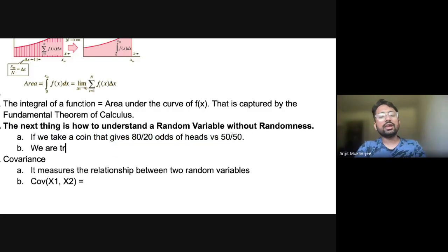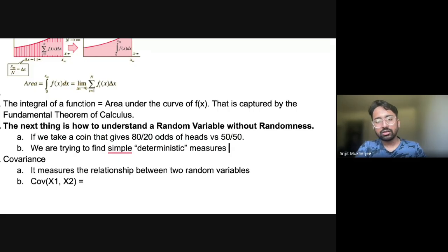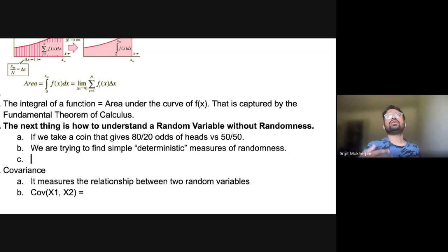We are trying to find simple, deterministic, not random measures of randomness. Do you see the point? We are trying to find measures that tell you how random it is, or information about the randomness. That's where mean and variance come in. We also call them centrality and dispersion, that means central behavior and dispersed behavior.